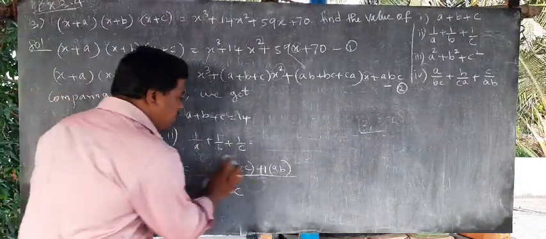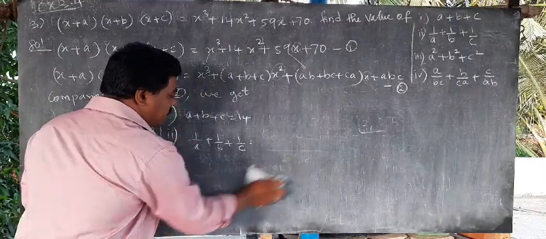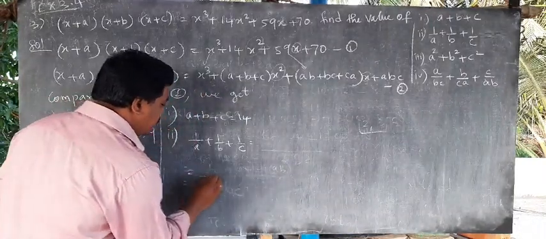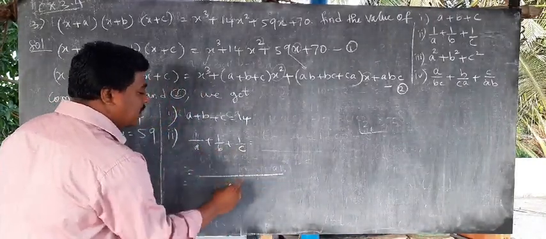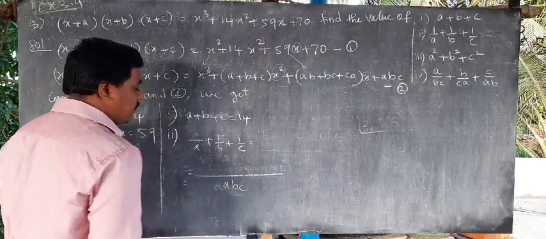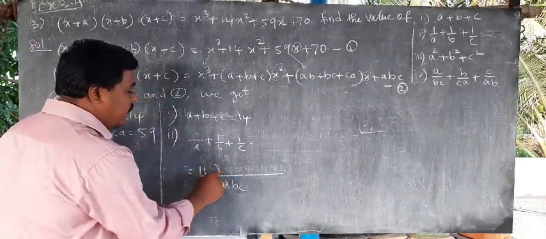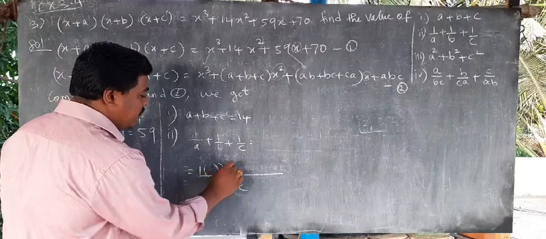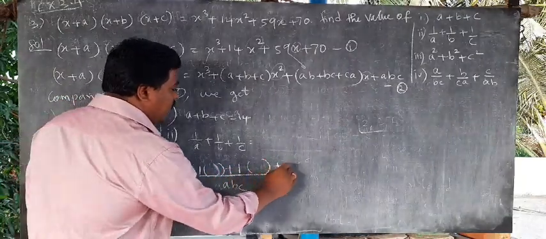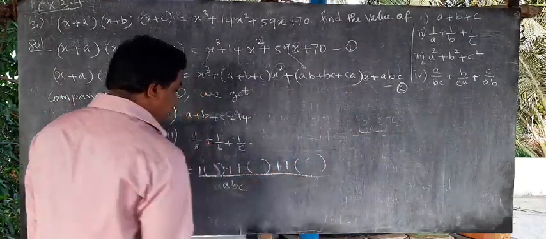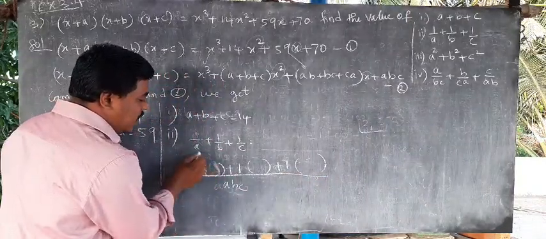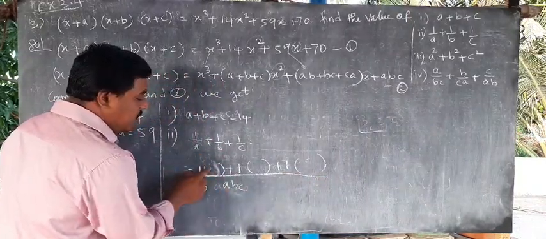So again I am saying, for this, ABC LCM means ABC only. In the numerator we have 1, open the bracket. Here ABC, what value are we putting?